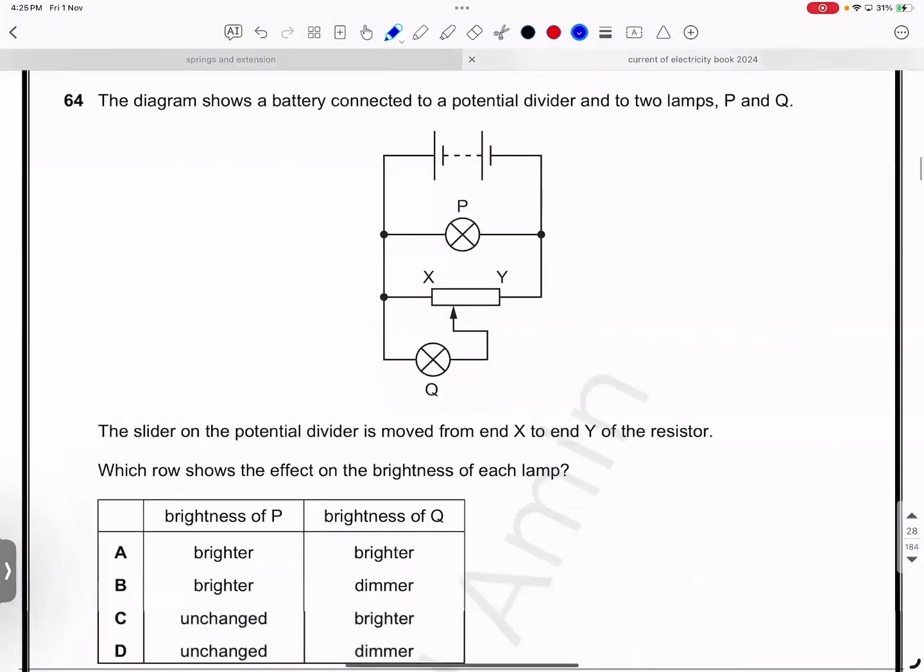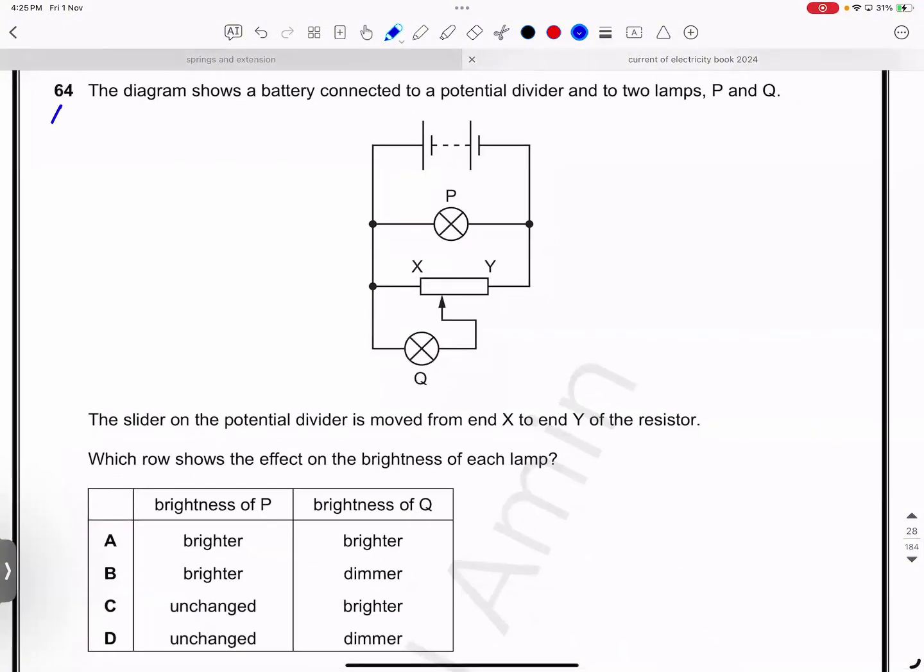Question number 64. This question should be a star question in your review list. The diagram shows a battery connected to a potential divider and two lamps P and Q. The slider of the potential divider is moved from point X to Y. Which row shows the effect on the brightness of each lamp?